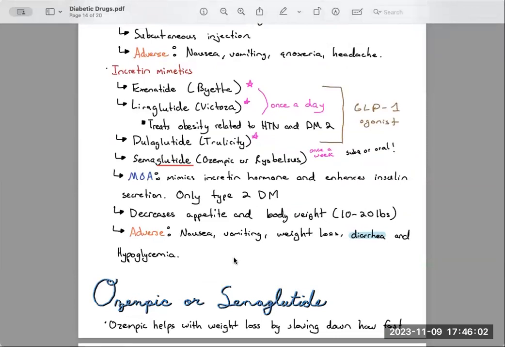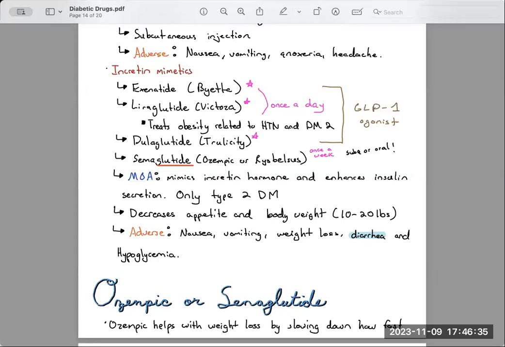Incretin mimetics are very similar to insulin, okay? These all end in glutide pretty much, with the exception of exenatide. I would just recognize these. Semaglutide is really important because it's also called Ozempic, and a lot of people take Ozempic for weight loss. These are another form of medication given only for type 2 diabetes.